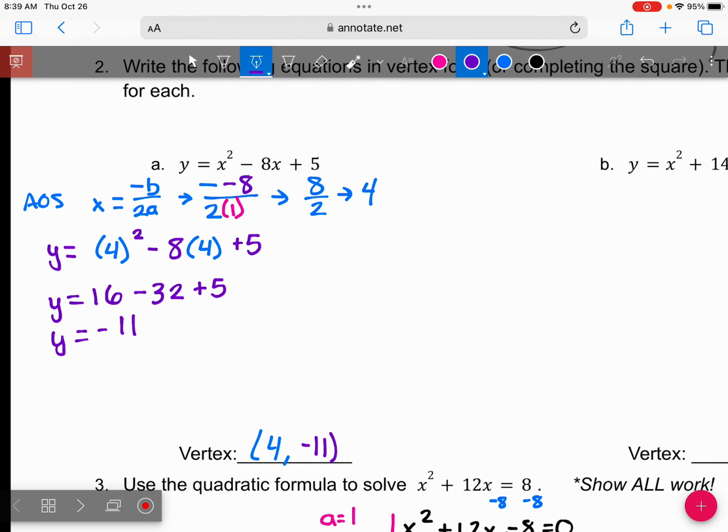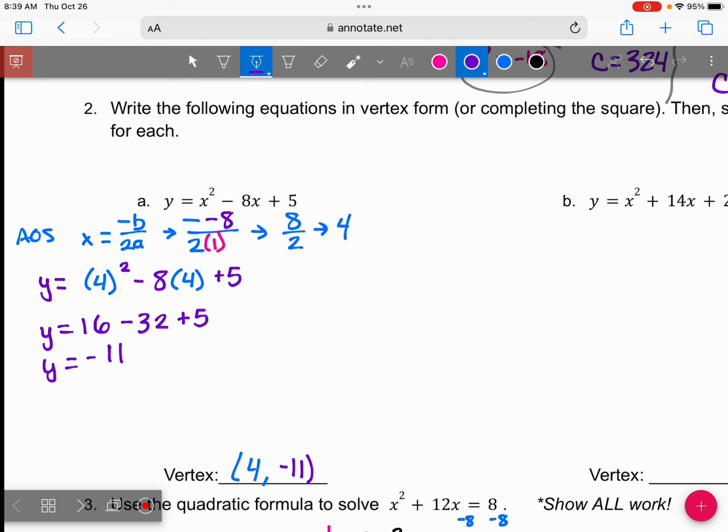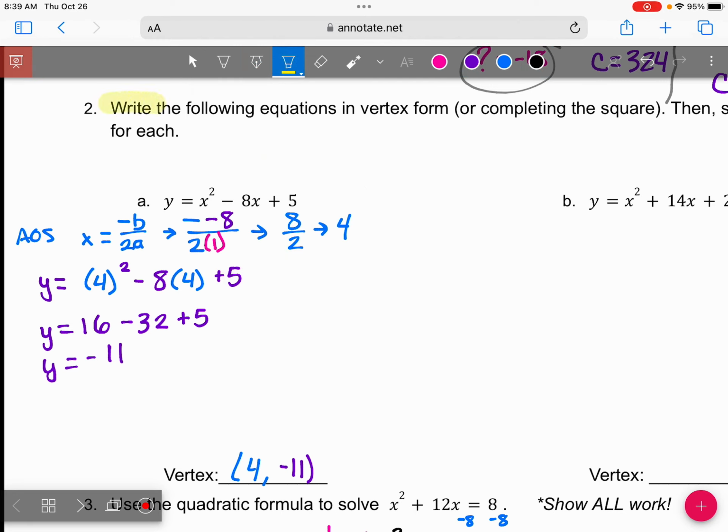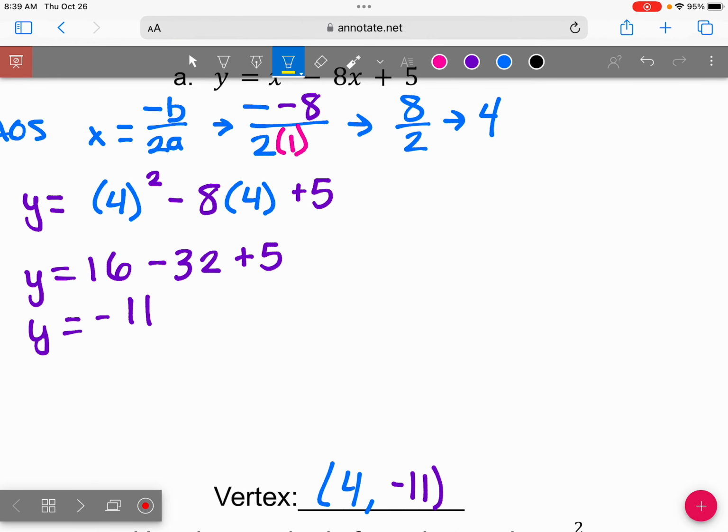And if all we had to do was find the vertex, we could be done. But they did specifically say in the instructions to write it in vertex form. So we're going to do that. That would be our second equation down on the board. Our y equals a, which is the same that we had before, so it's 1. x minus h, which is our vertex point, which is the x.